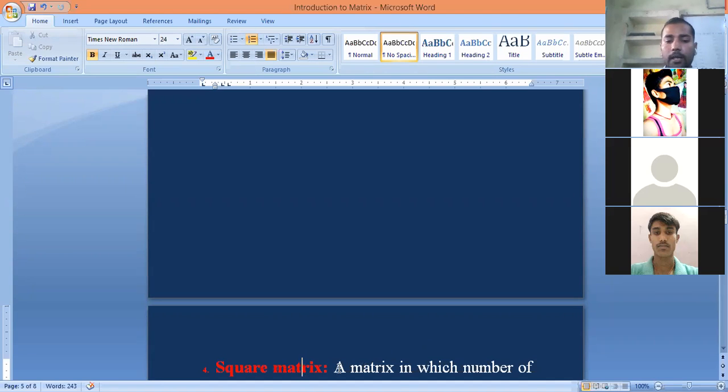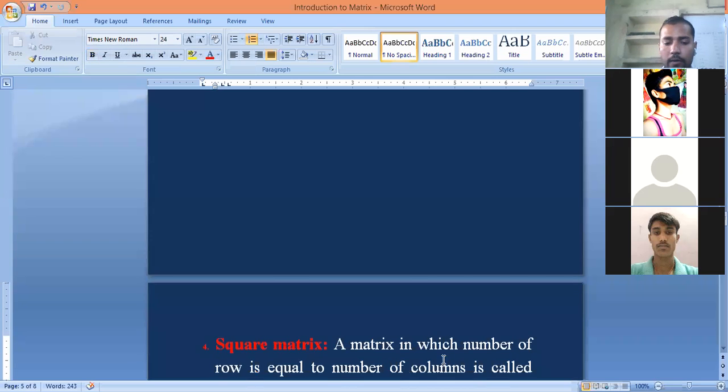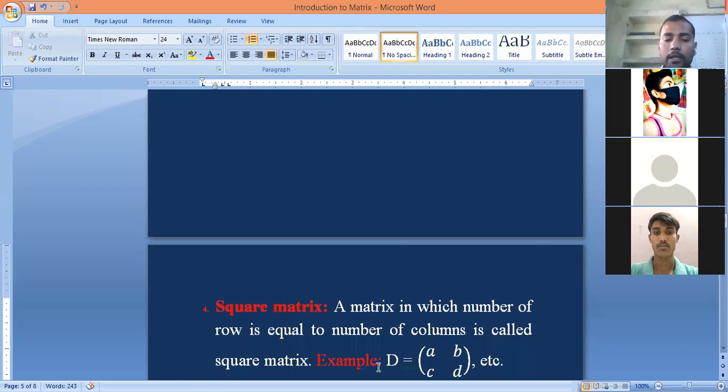Okay, here in the definition we can see that a matrix in which the number of rows is equal to the number of columns is called a square matrix. In the example we have given here, matrix D is equal to A, B and C, D, where the number of rows is equal to 2, and in the same way the number of columns is also equal to 2.